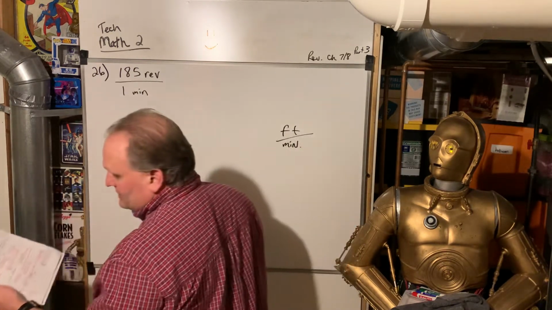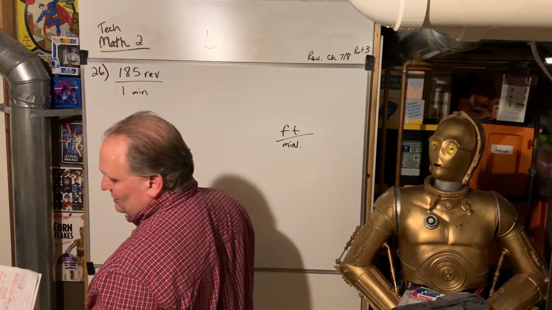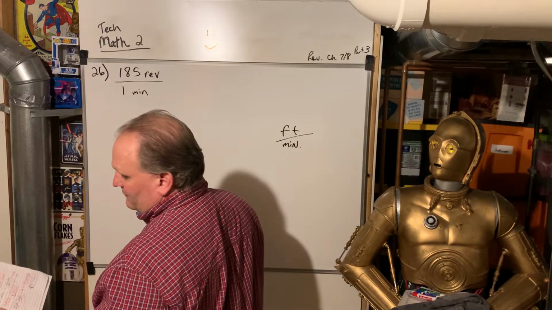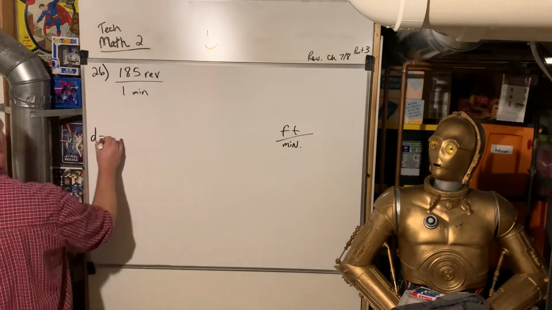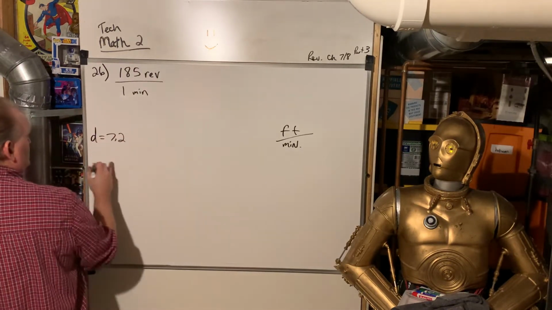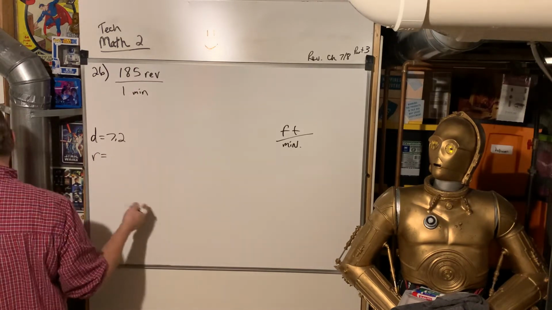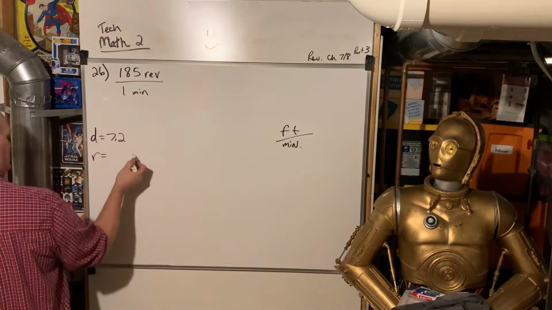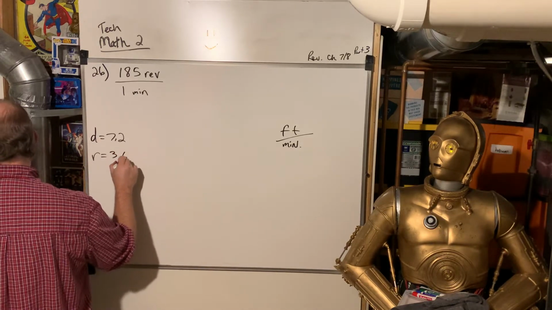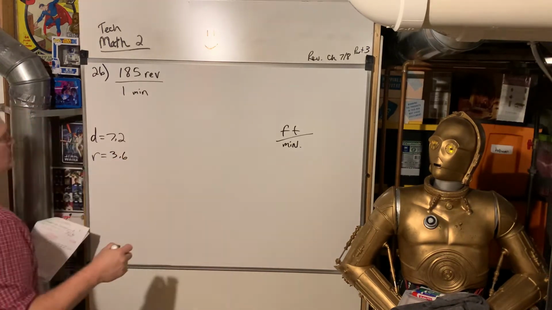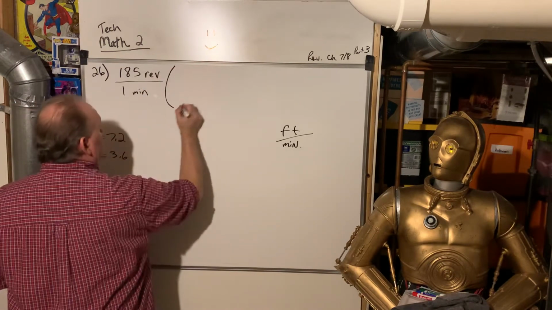So they also told us the radius of the circle was, well actually they gave us the diameter. The diameter of the circle for this problem is 7.2, so we need the radius, not the diameter. So cut that in half, divide by 2, diameter is the whole length, radius is half. So that's 3.6.